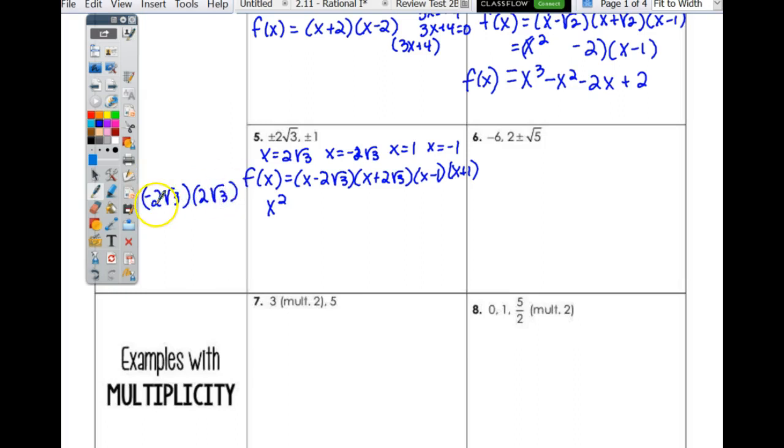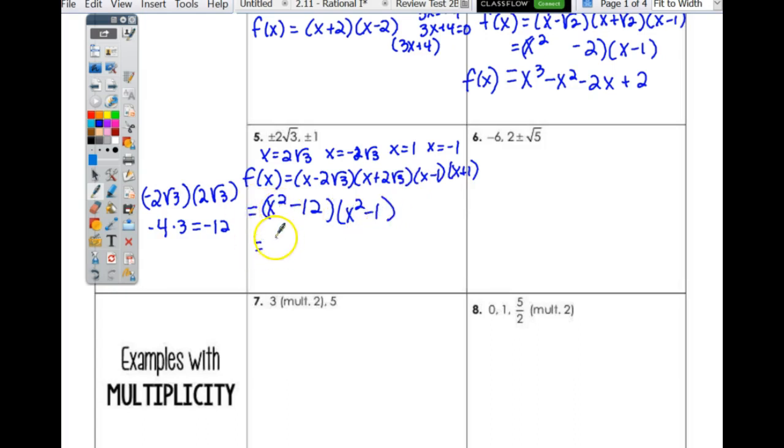So when I multiply, negative 2 times 2 is 4, and square root of 3 times square root of 3 is 3. So I have negative 4 times 3 gives me negative 12. And over here, x times x gives me x squared. My middle terms cancel out, and I get minus 1. So this is what I'm multiplying.